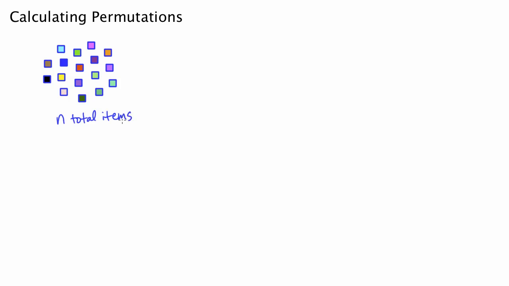Now, because of there being n total items, one of the things you know about the factorial is that n factorial represents the number of ways to arrange any n items, to arrange n distinct items. At least you should remember that.